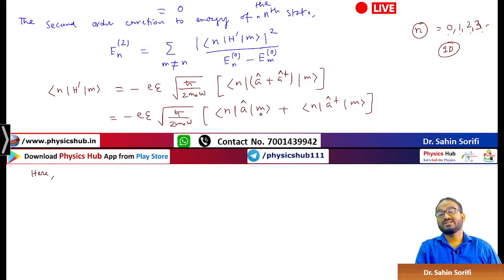But if you choose m equals n plus 1, then this lowering operator will make n plus 1 to n, and then it will be non-zero. This will be 0, but this will be non-zero. On the other hand, if you choose m equals n minus 1, then although this term will be 0, this term n minus 1 will become n and this term will be non-zero.